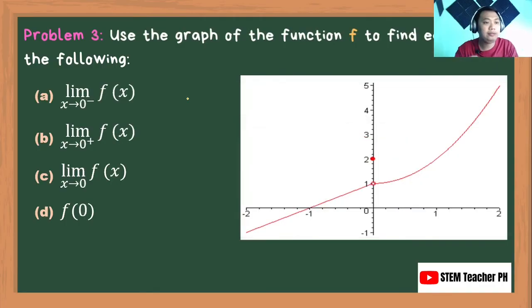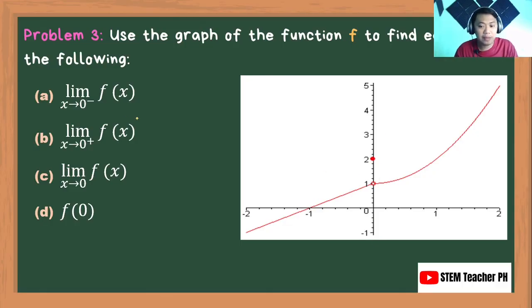And then last one, for problem number 3, we are approaching 0 from the left, from the right, yung value ng limit natin, tsaka yung value ng function. Eto, makikita natin, magkakaroon tayo ng value nung limit as x approaches 0. Kasi eto yung concern natin, itong nakay 0, sa ating y-axis.